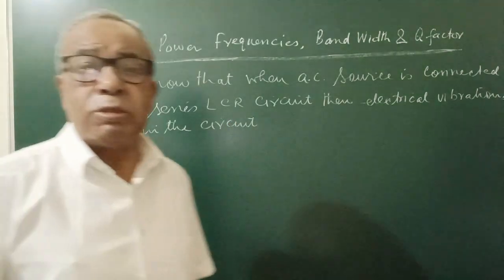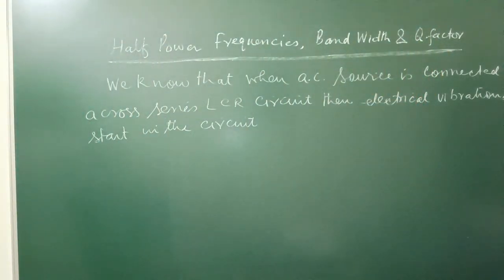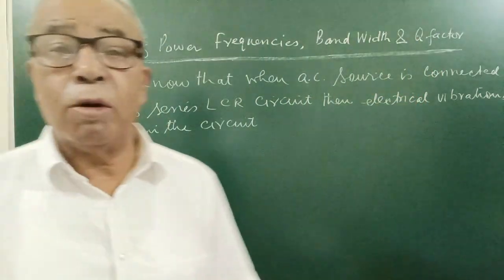I told you many times that when alternating current flows in a circuit, then only electrons oscillate about their mean position.